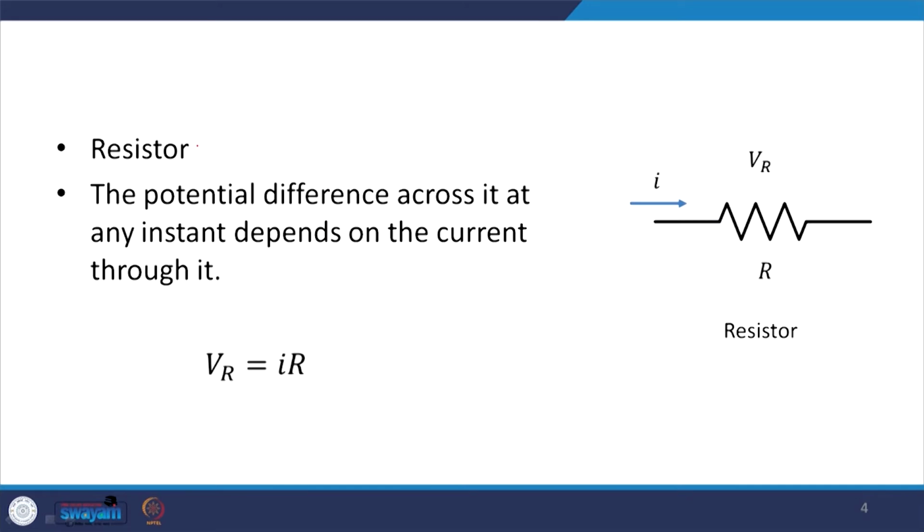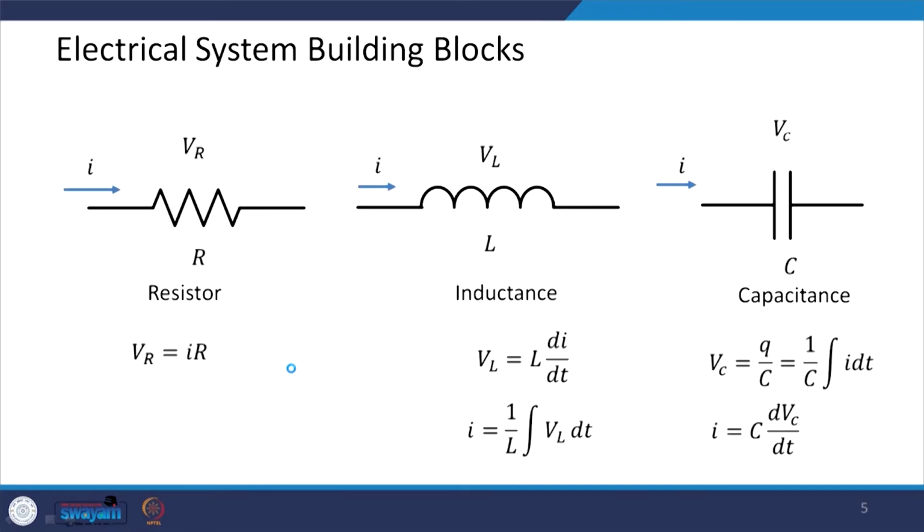The next building block is the resistor, which comes from the definition given by Ohm's law. Here the voltage drop across the ends of the resistor, VR, is given by I into R, where I is the current through the resistor and R is its resistance.